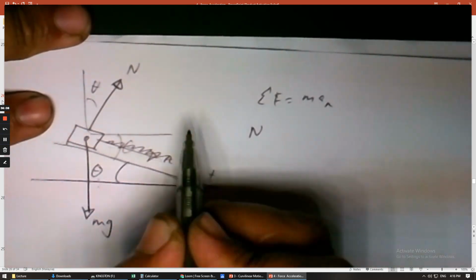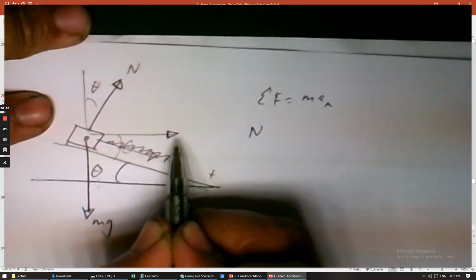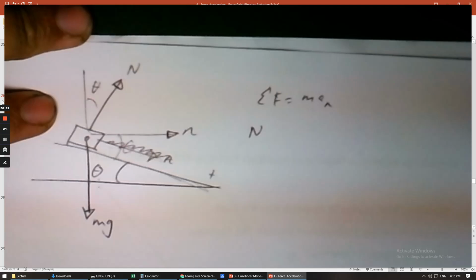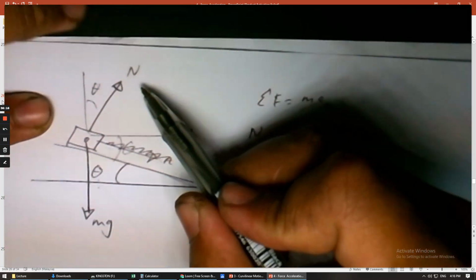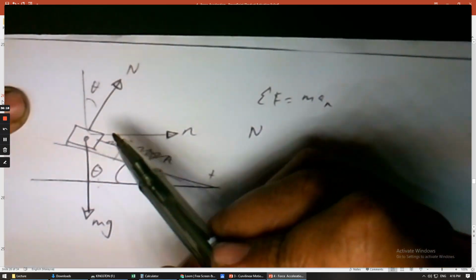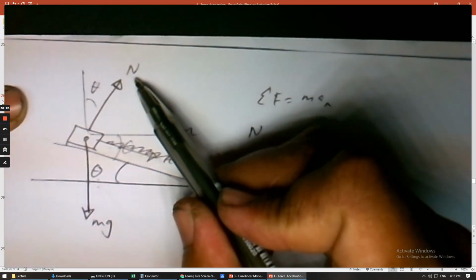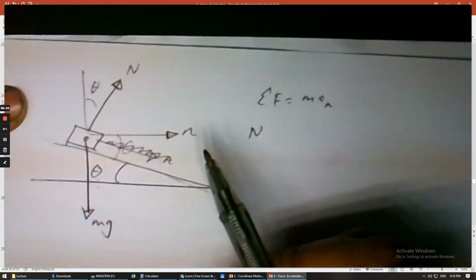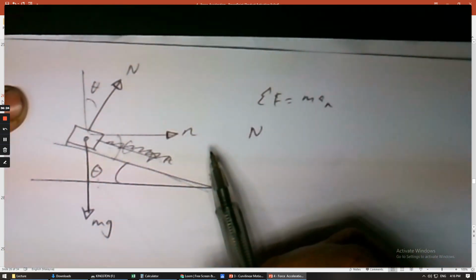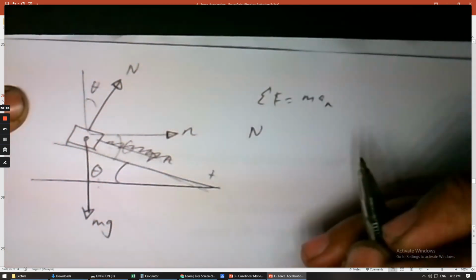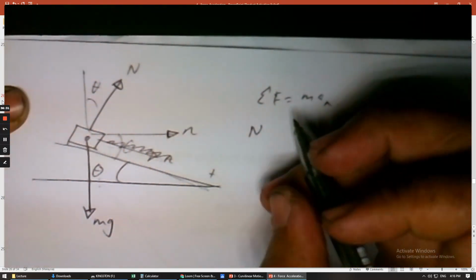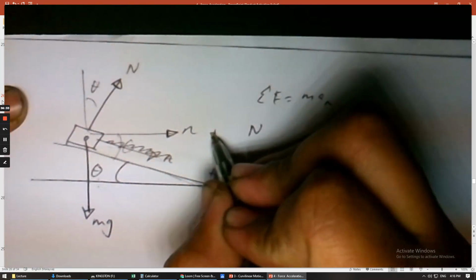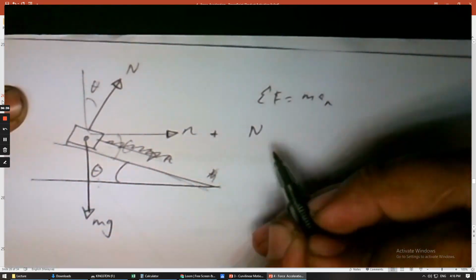The n should be pointing perpendicularly there. This is the normal reaction force from the ramp, and this is the normal component. Going in the normal direction, this is the center of curvature, not here.